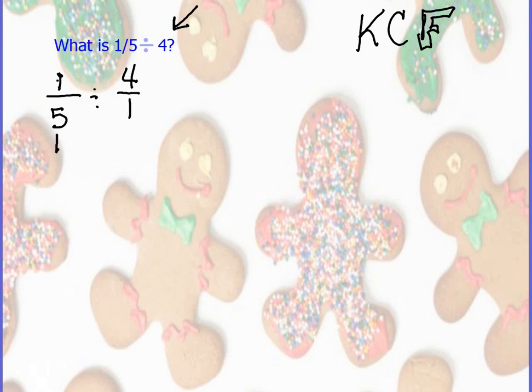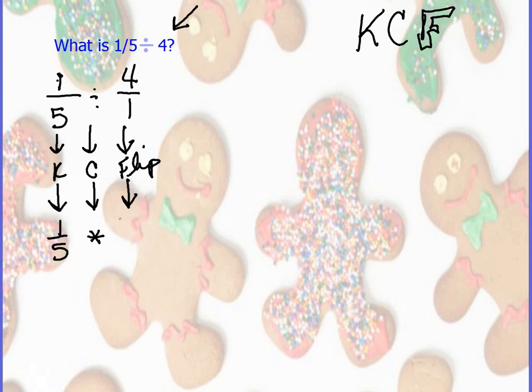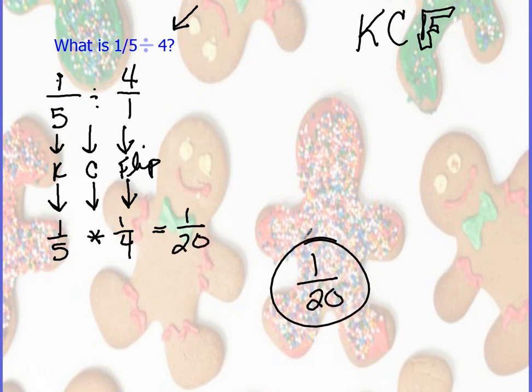Now let's do our keep the 1/5, change to multiplication, and then flip our divisor. Now I can multiply. I get 1 times 1 is 1. 5 times 4 is 20. So my answer in this case is 1/20.